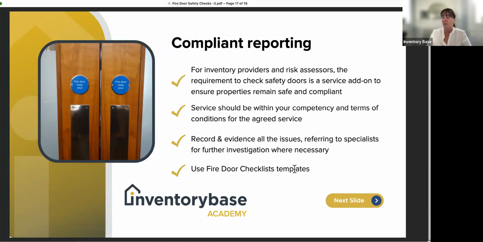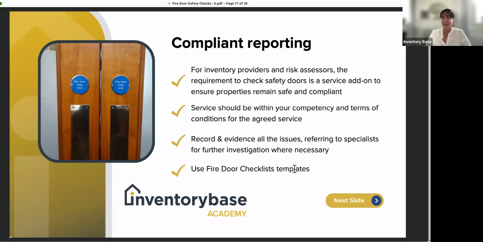We have a basic one, which is like a 10-point checklist where you can record all of the different aspects of the fire door and make sure that it is doing exactly what it should be doing in regards to its hinges, closing to frame, the labels, etc. But there's also a more detailed one, which could also be for your risk assessors or your specialists, or you can actually build your own within the system. So you've got plenty of options to do that.